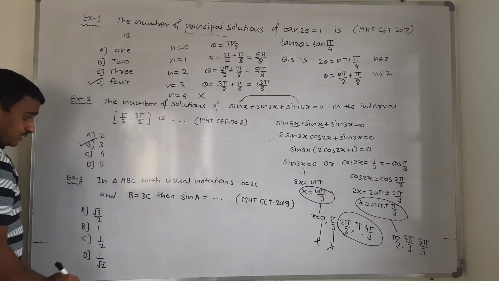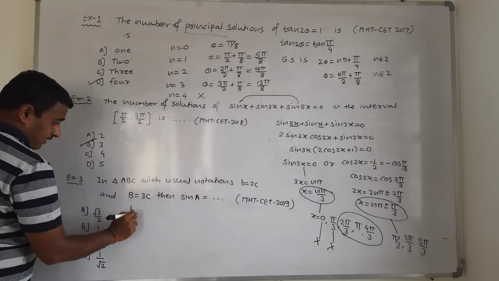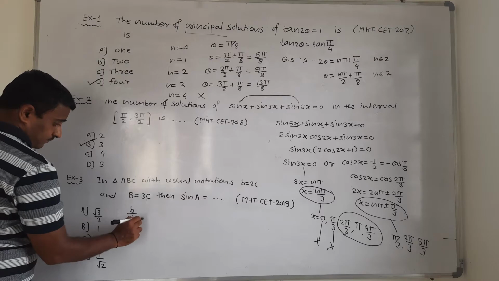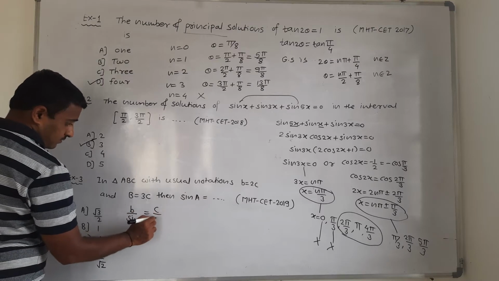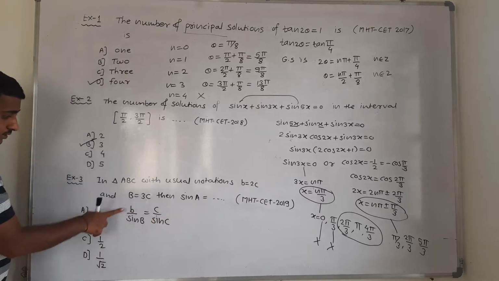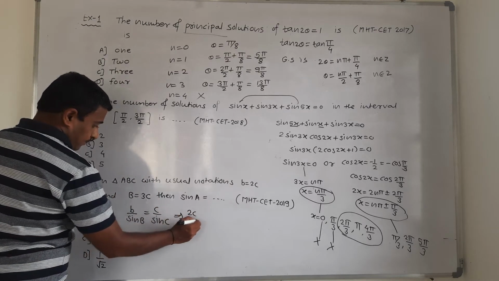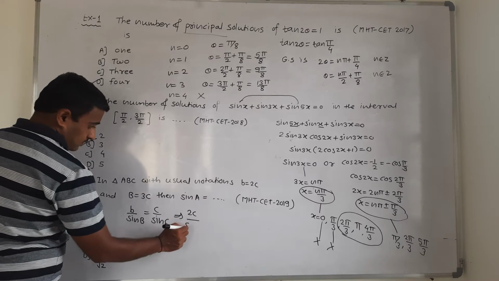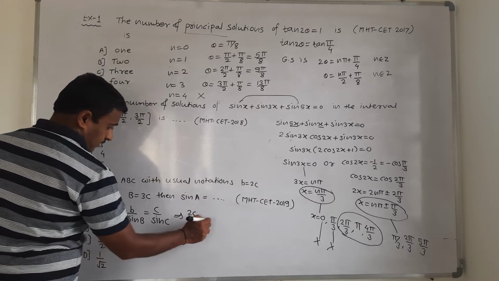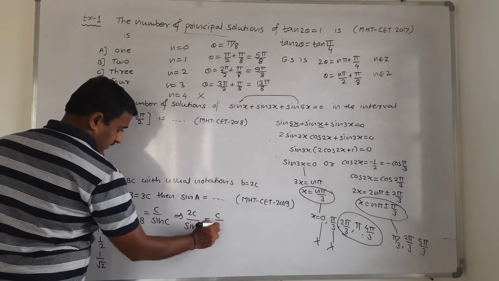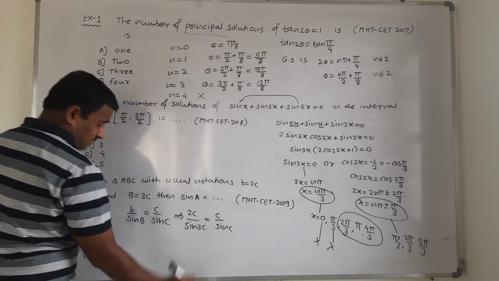Now I write by sine rule, b by sin B is equal to c by sin C. Now b is equal to what? 2c given, implies 2c upon sin B. B is equal to 3C, so sin 3C, is equal to c as it is upon sin C. Just c cancels.